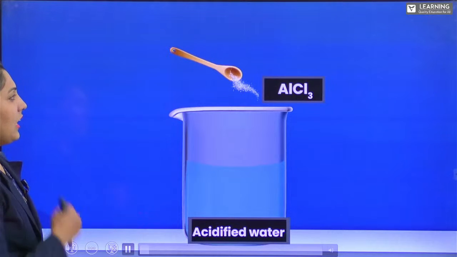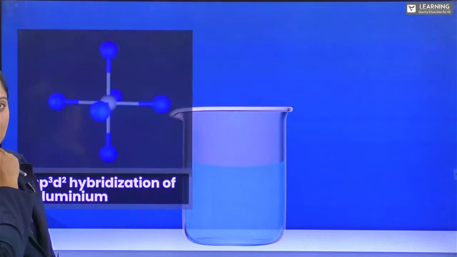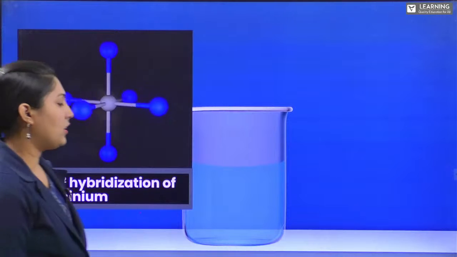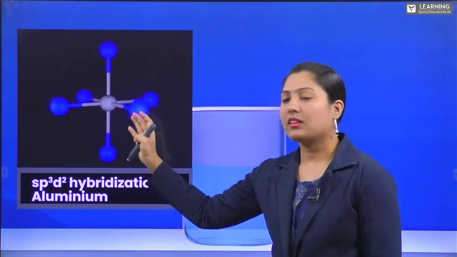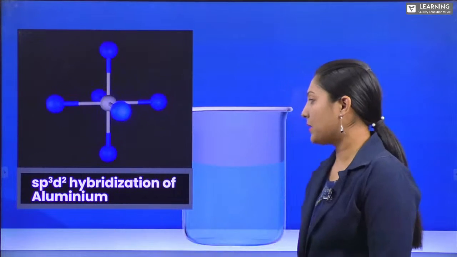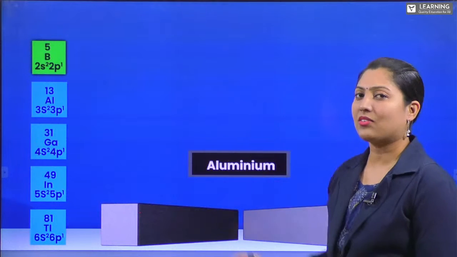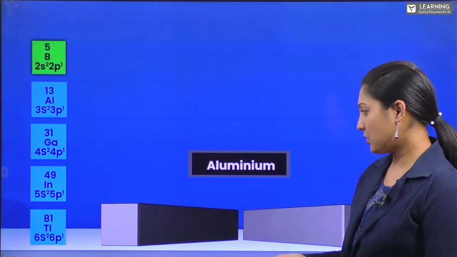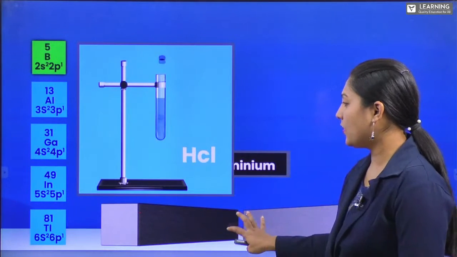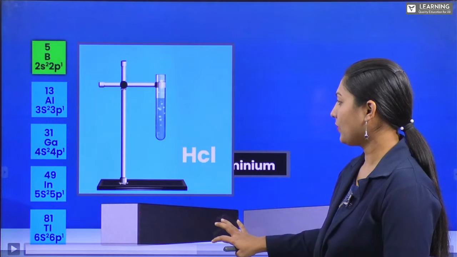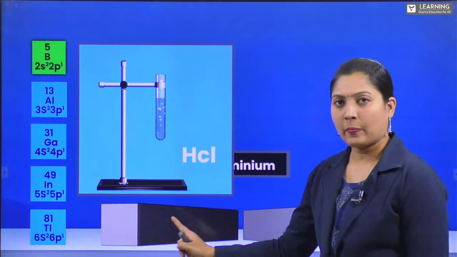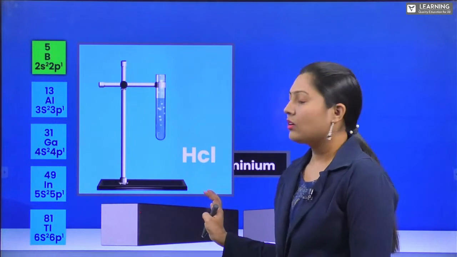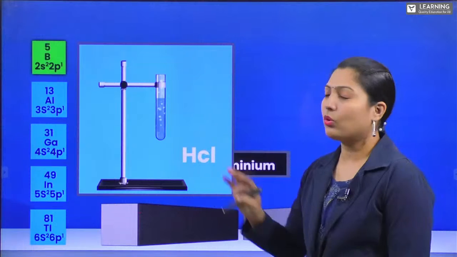So we can see here aluminium chloride which has been added to acidified water. We get the complex which is formed, which has sp3d2 hybridization. As we just saw before, the OH is attracted and we get the octahedral structure. And aluminium, as we know, will form a coating on the surface of the metal, whereas boron will not.